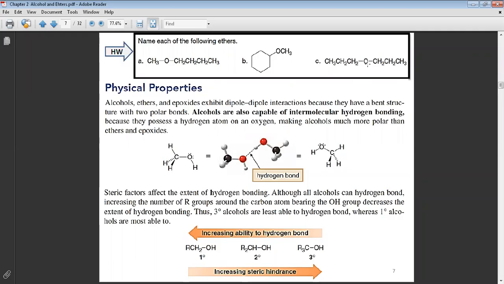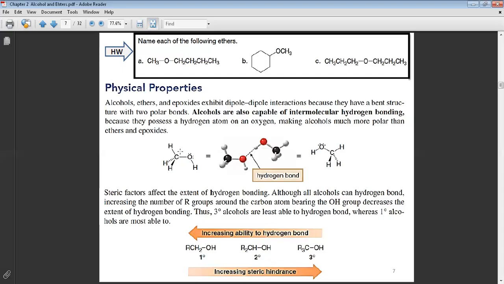Why dipole interaction? Because we have an oxygen atom with high electronegativity. If you compare this oxygen with the carbon, this will be partially negative and this will be partially positive. Partially positive, partially negative, dipole. That means if you have a dipole group, we have dipole interaction.